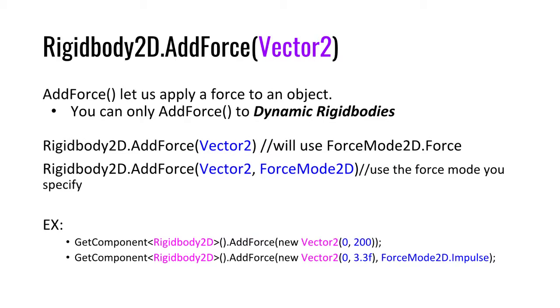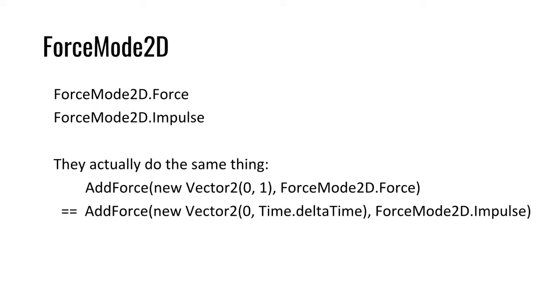So for our dynamic bodies, you can add forces. This is basically just like pushing something over a certain time, or like punching something really hard. That's just going to add a force. There's one function for this, and it takes a Vector2, but optionally it takes a second argument, which is a ForceMode2D. That ForceMode2D can be one of two things, either a force or an impulse.